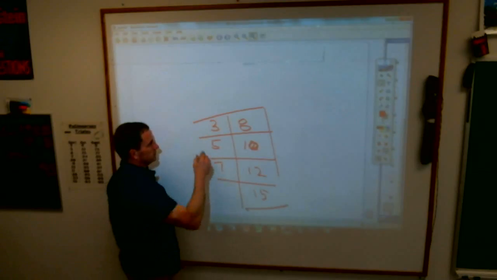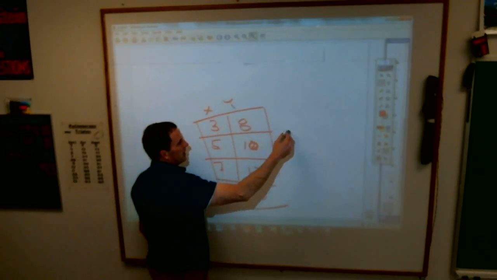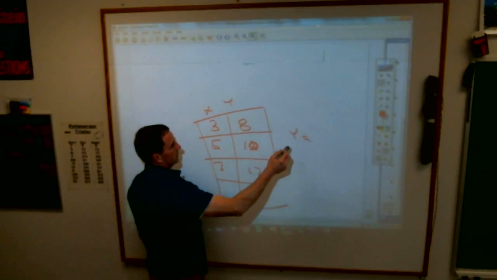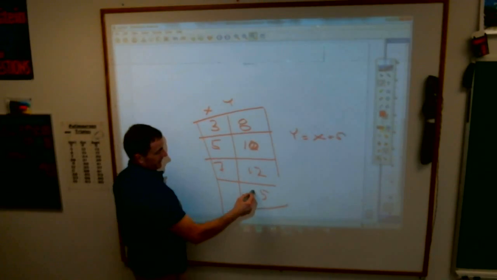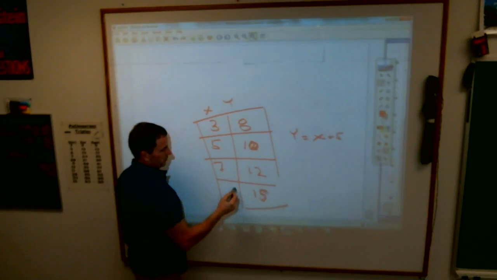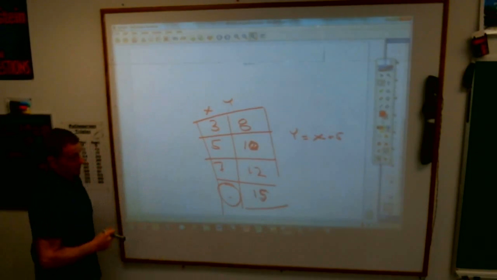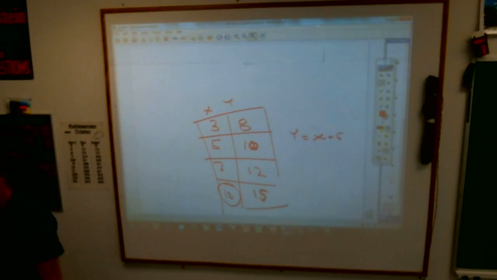Well, what's your rule? How do I go from this to this? This is my x, this is my y. y equals x plus 5. But this time I know what I end up with. What number when I add it to 5 gives me 15? 10. So there's your answer for that little function table.